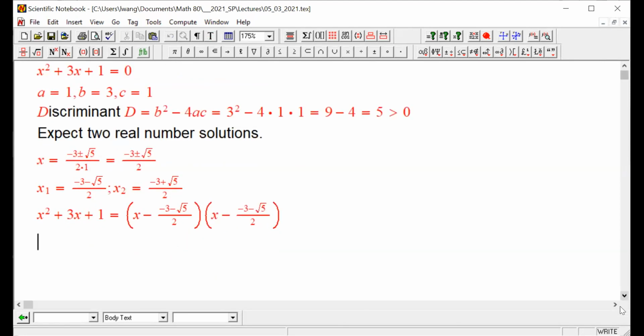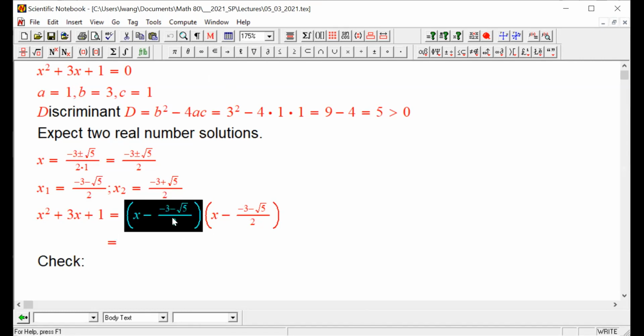But when we were factoring, we always check our work, right? Does it work? Should we simplify this a little bit? Maybe we should. So how do we simplify that?